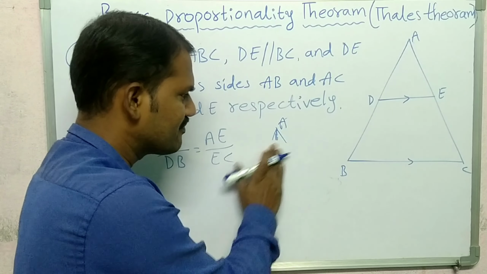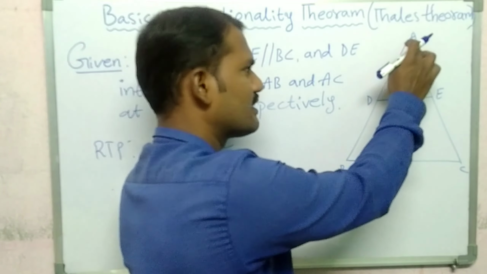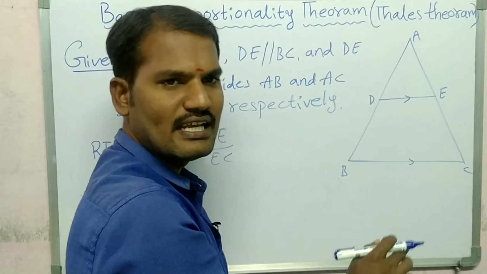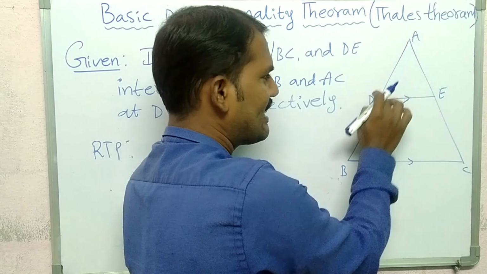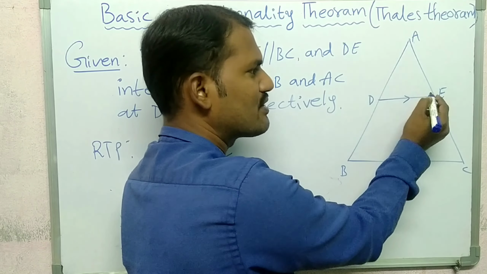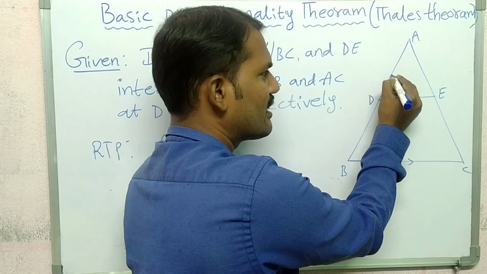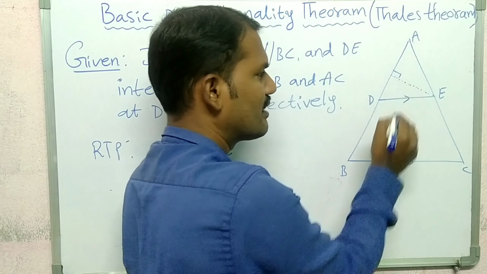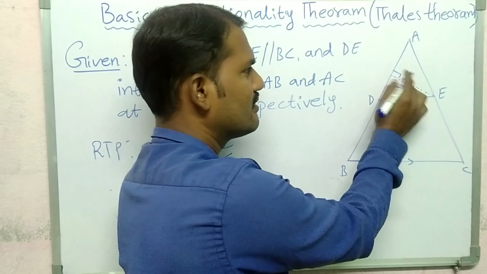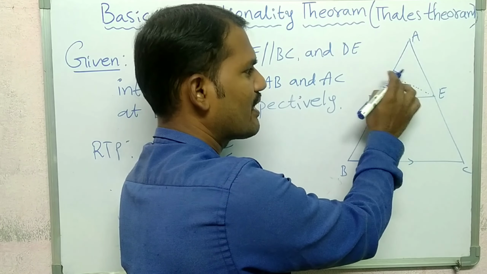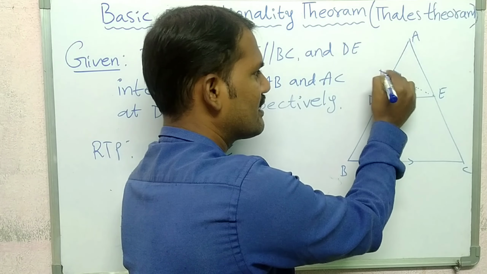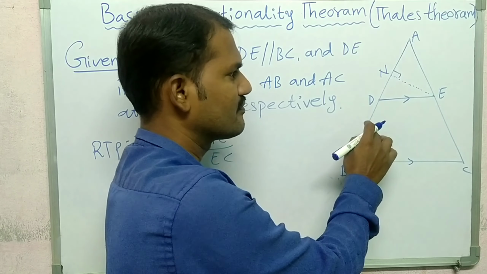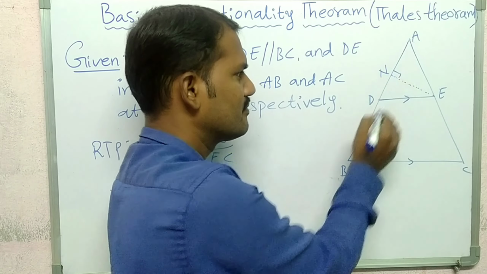So in the same way, see here I am taking triangle ADE. Here AD is a side, and from the opposite vertex E, I am drawing a perpendicular to AD. I am taking it as EN.